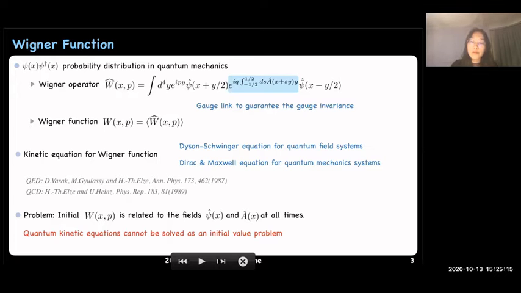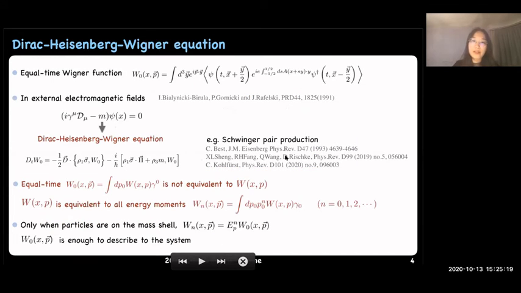so it cannot be solved as an initial value problem. To solve this problem, the equal time Wigner function is defined, which is very similar to the covariant Wigner function, but the difference lies in that the field operators here have the same time parameter, and the Fourier transformation is performed only to the spatial coordinate, but not the time.